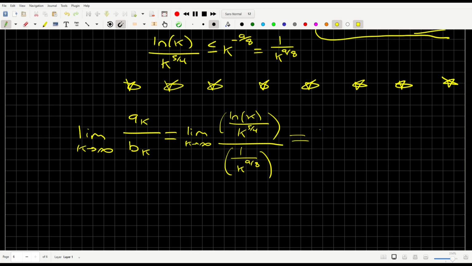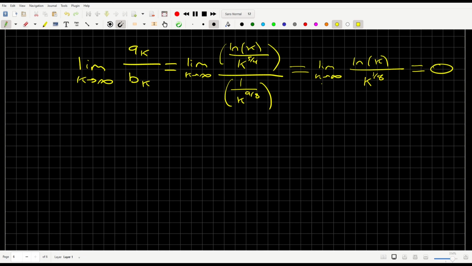That is the same thing as the limit as k goes to infinity of the natural log of k over k to the 9/8 minus 5/4, which is going to be k to the 1/8 in the denominator. And this limit is in fact equal to 0.